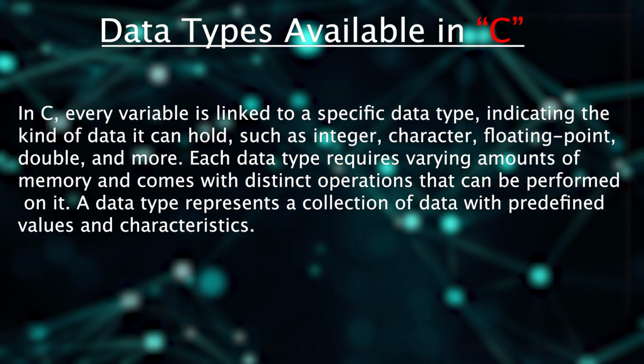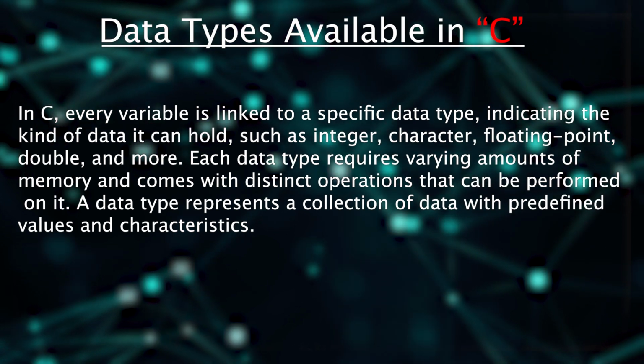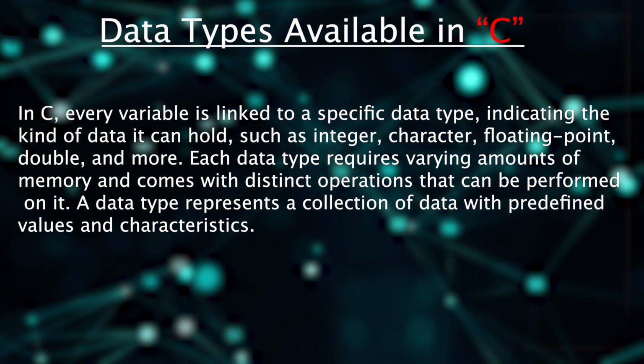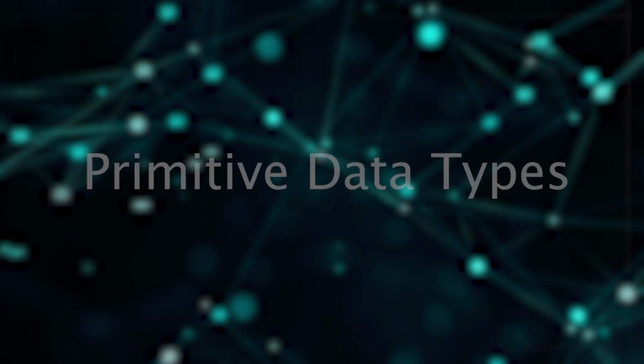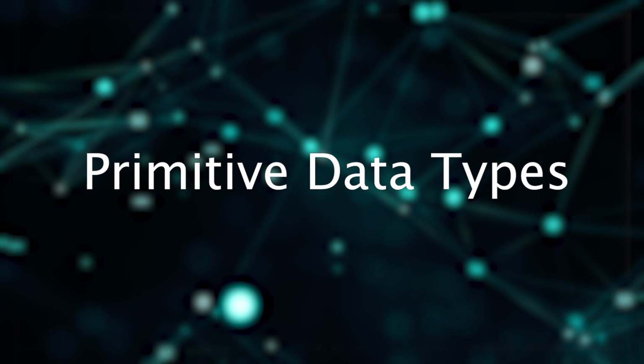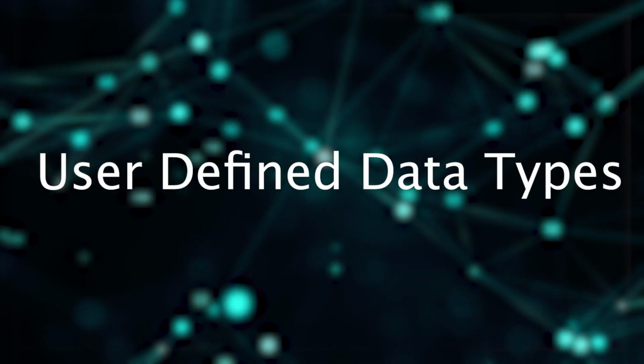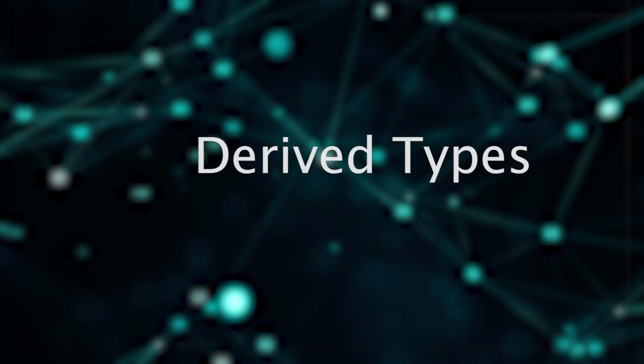A data type represents a collection of data with predefined values and characteristics. We can classify data types into three categories. The first is primitive data type, also known as predefined, then user defined data type, that is non-primitive, and the last one is derived data type.